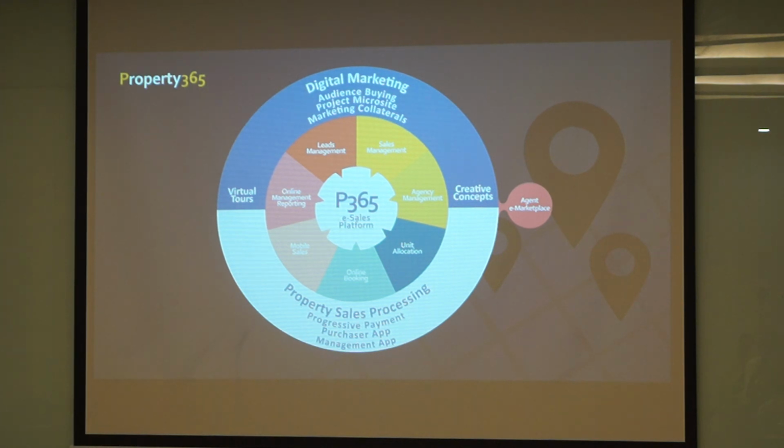When you engage us for our back-end solutions, our software, you can also have our front end, which is the booking system, Property 365, and also support with digital marketing. We come out with the concept, the visuals, and the creative concept. So this is the entire ecosystem that we have.